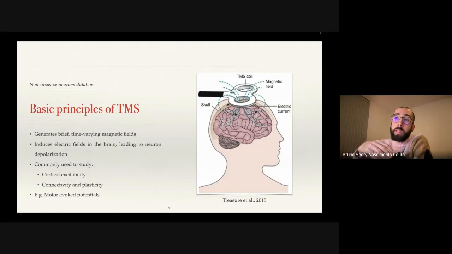This method is used in hospitals to assess cortical excitability, connectivity, and plasticity. And one of the examples where you can use it is to evoke motor potentials. So you can assess cortical motor responses. The way you do that is that you can stimulate the region of the primary motor cortex, for instance, and you will see a hand movement if you manage to stimulate the right area.